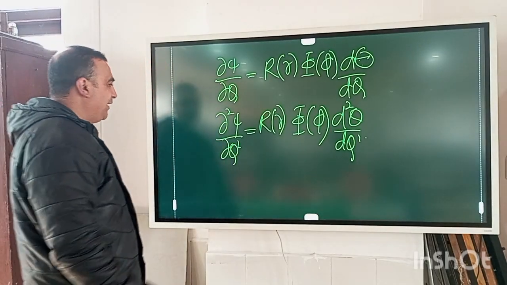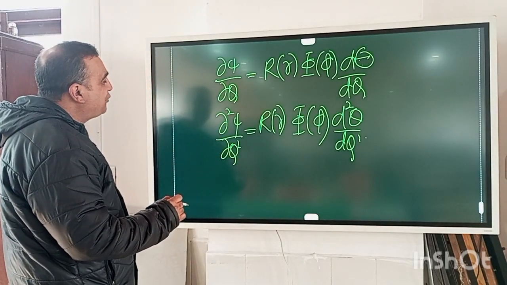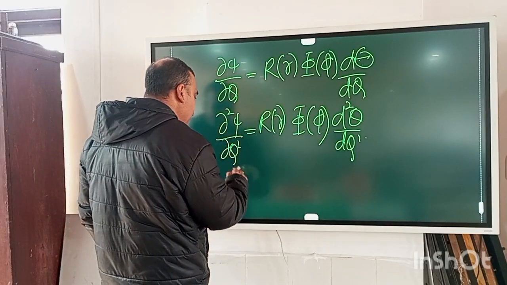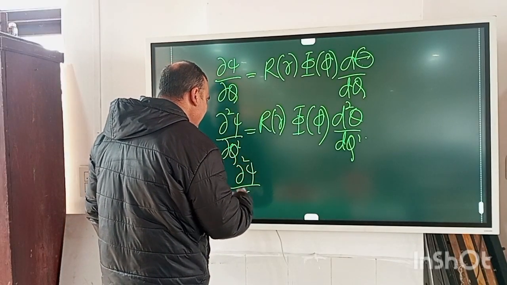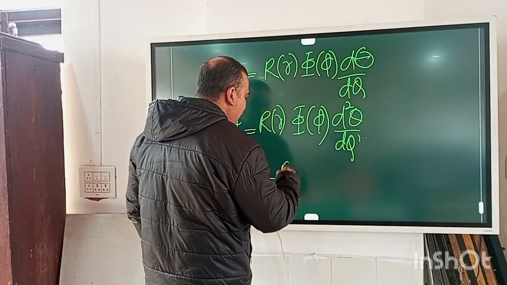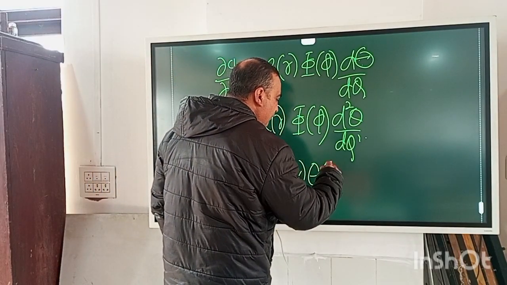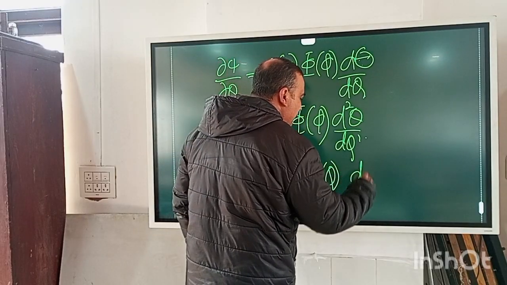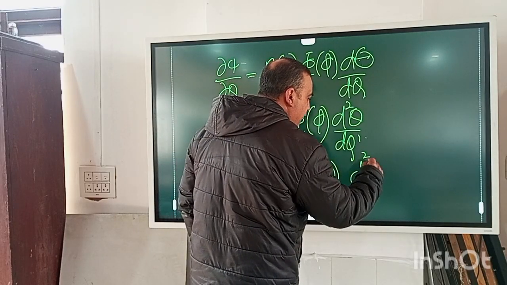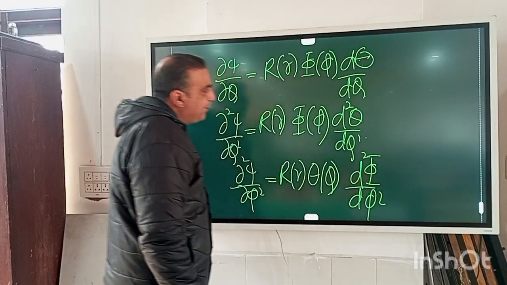Finally, by the same mathematical action, for dou 2 psi by dou phi 2, R of r will be out, Theta of theta will be out, and inside you will have d2 Phi by d phi 2.